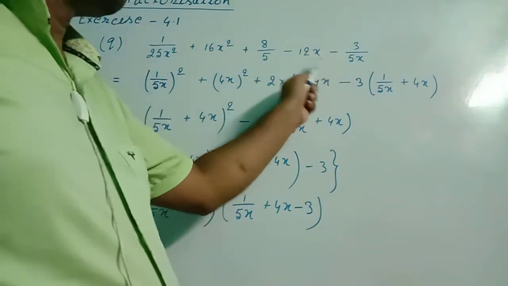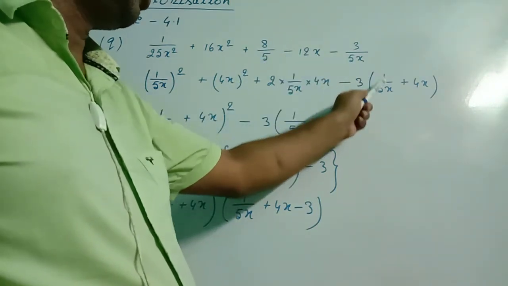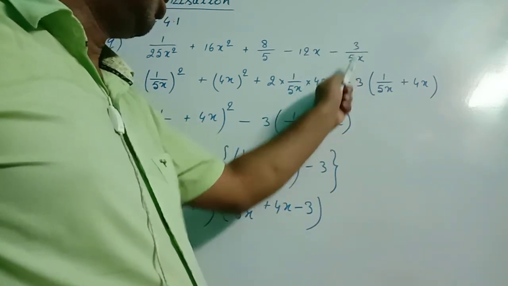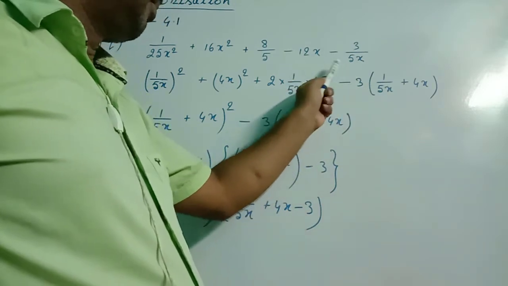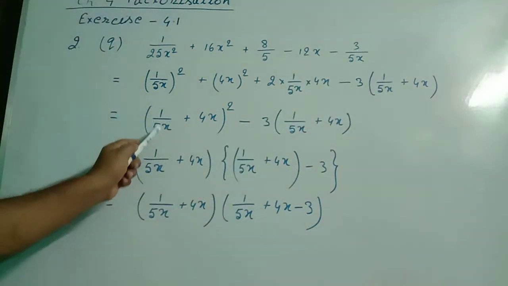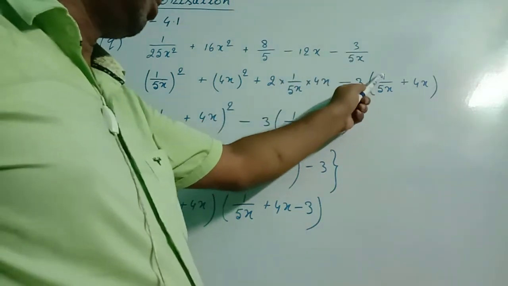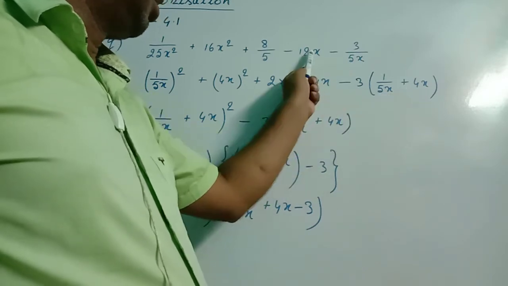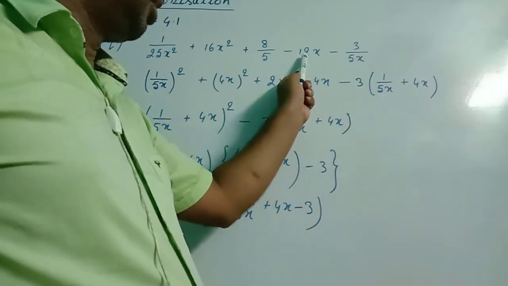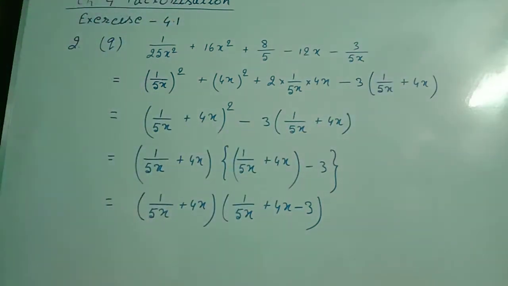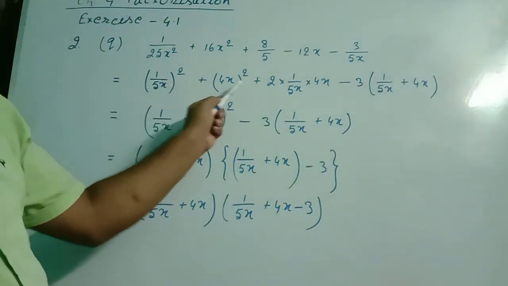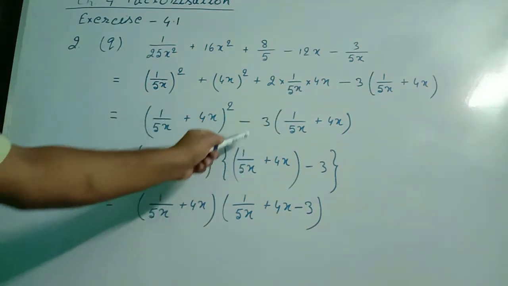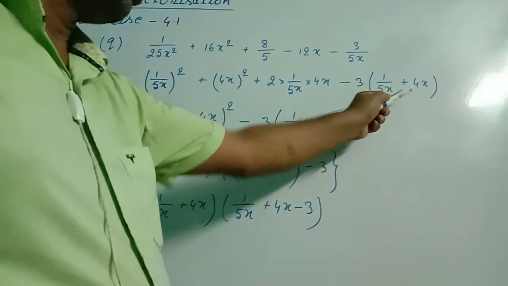And here from these two terms I have taken minus 3 common, so at this place 1 by 5x is left, and plus will come because minus plus minus, and 3 is common. This I wrote first because here 1 by 5x is coming first, so 1 by 5x plus 4x, and 3 is out of the bracket. Now this expression became a square plus b square plus 2ab, so I wrote a plus b whole square, means 1 by 5x plus 4x whole square minus 3 into 1 by 5x plus 4x.